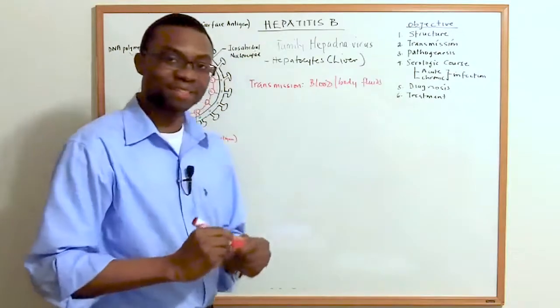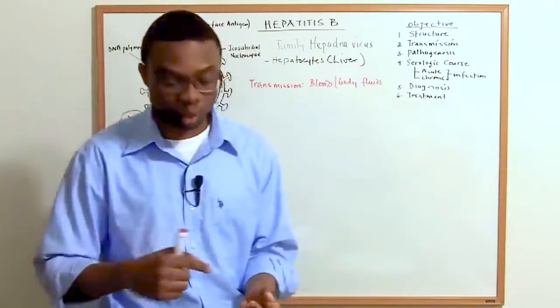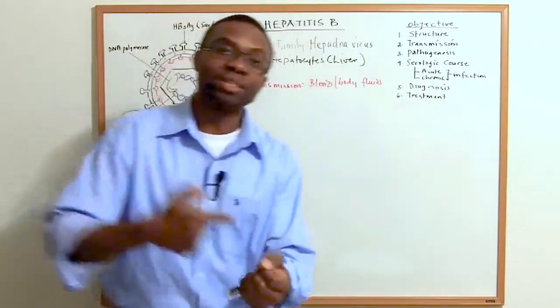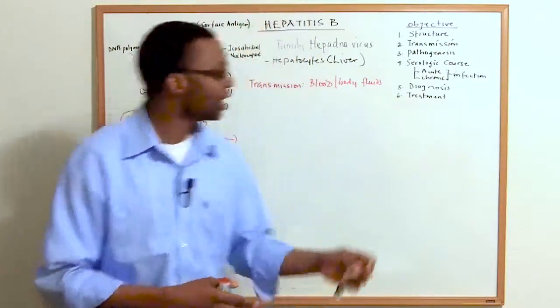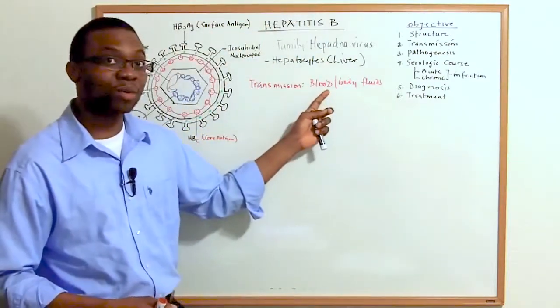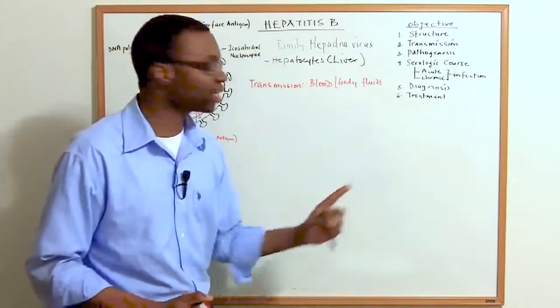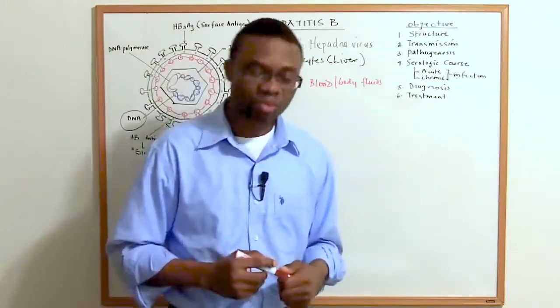So if a patient is infected with hepatitis B and you get exposure to a needle, right? If you get exposure to the needle that has been used to deliver medication or whatever to the patient, if you get stuck with this needle and you already have an active hepatitis B infection, that's how you get infected.